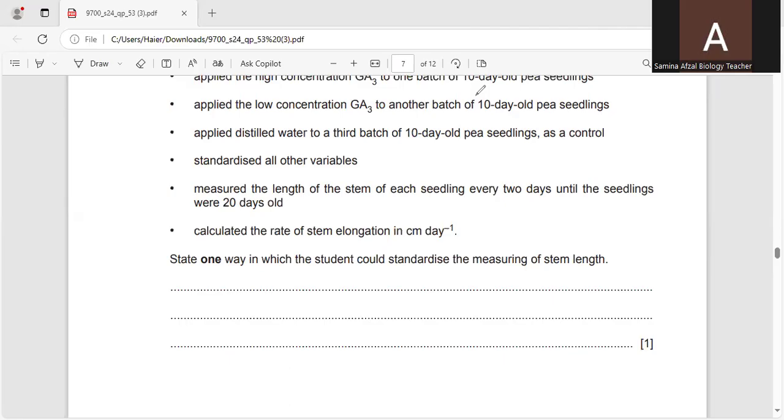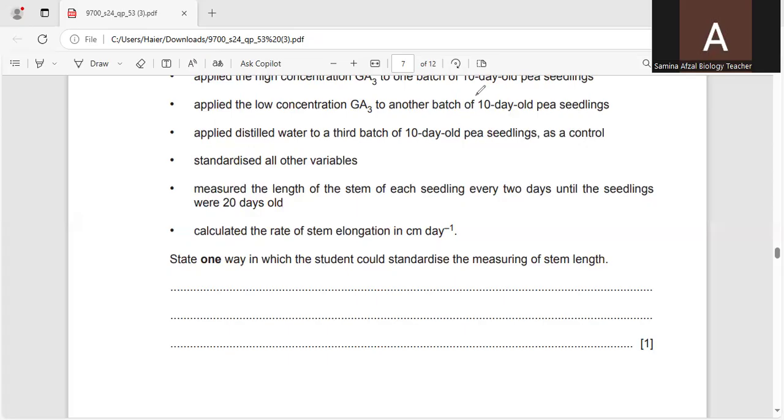Secondly, the stem should be in a straight position, and the measuring tool should also be in a straight position. In this way, the measurement can be standardized, or the measuring tool should be appropriate. A measuring tape is not an appropriate method to measure, but we can use it.